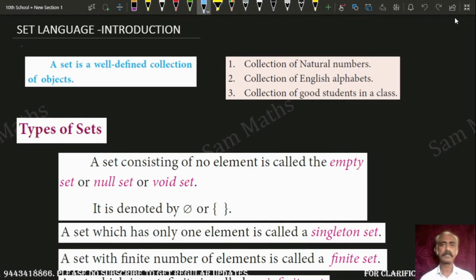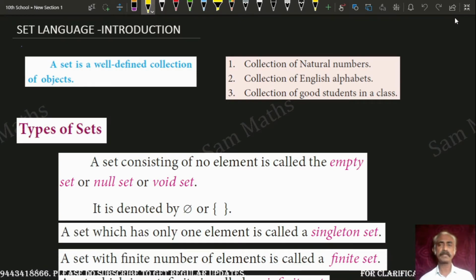You know that. Well-defined means we should have the certainty whether that particular element is in that set or not. See, for example, the collection of natural numbers. Suppose I say -5, you'll say that it's not in that set since it's natural numbers.